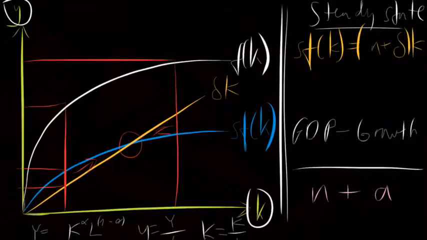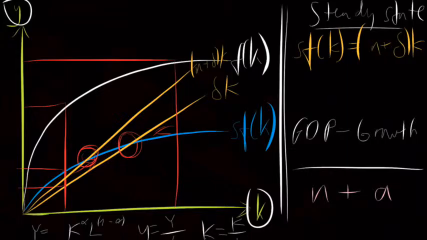And so this line is going to be steeper. It's going to be n plus delta times k. So the steady state is going to move from here all the way down here, right? Where the savings line crosses the depreciation, or the new depreciation line, if you want.